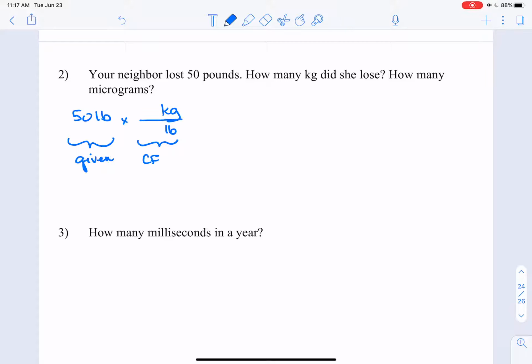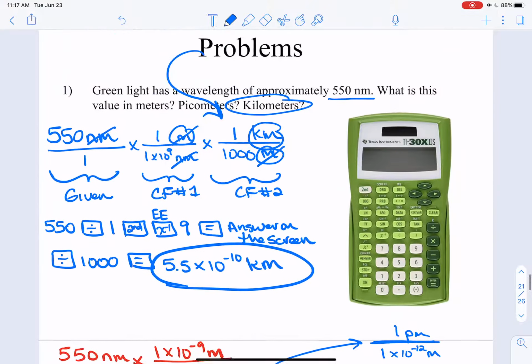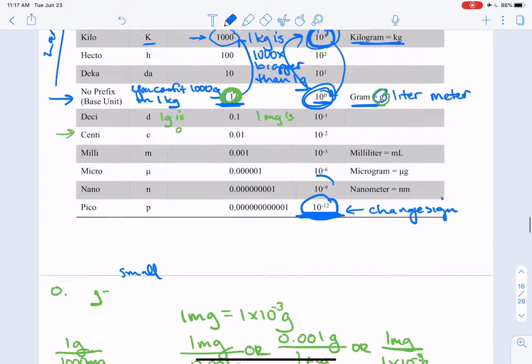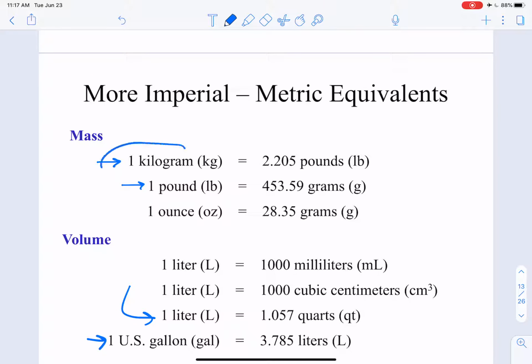Now, do we know a relationship between pounds and kilograms? Well, if we look back here, way back here, what we have right here is for every 1 kilogram, we have 2.205 or 2.21 pounds.